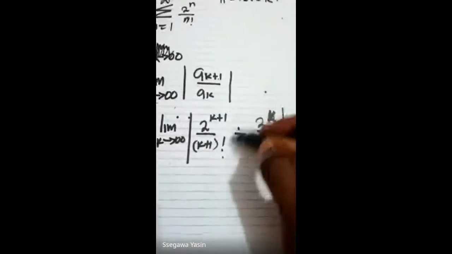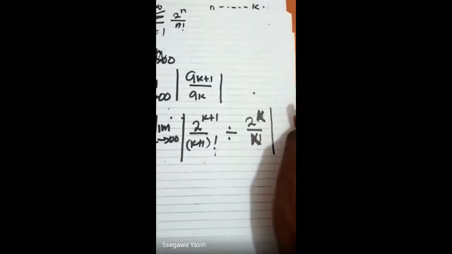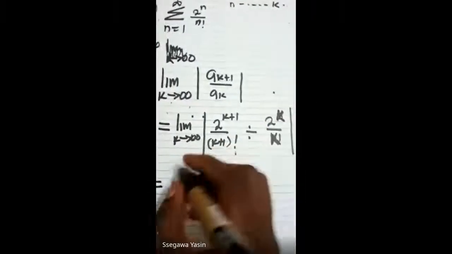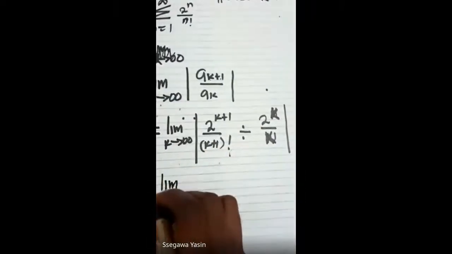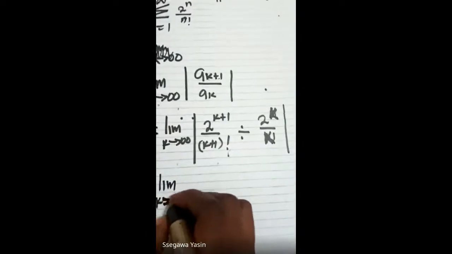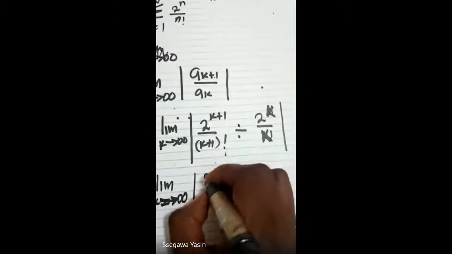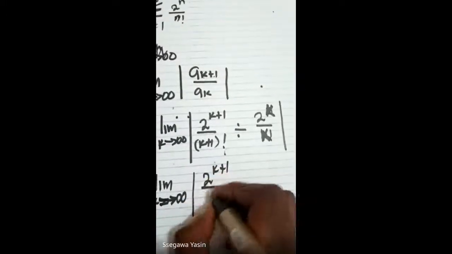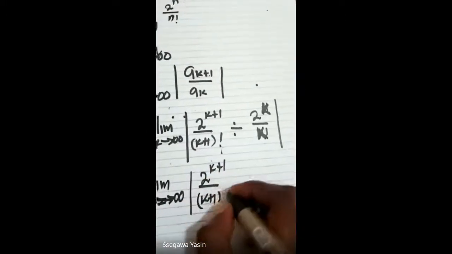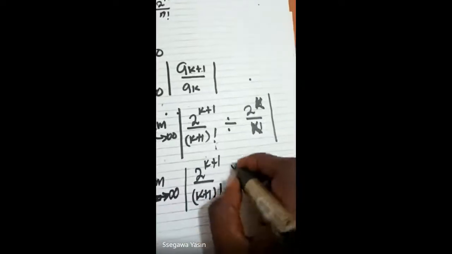Since we said with division, you are free to use the other division or the ordinary division, this is equivalent to the limit as k goes to infinity. Then we cross multiply.